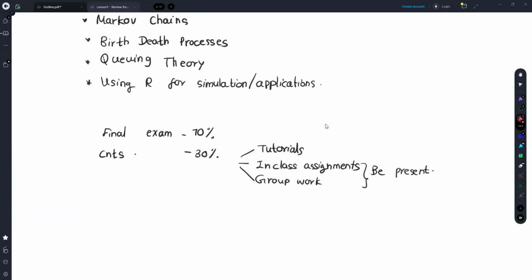Tutorials, I will give you 3 or 4, depends. Last time, since there's no way that I can get the hard copies, you submit it likewise as you do in usual other courses. After you do the tutorial, you can either scan it or take some pictures and send to me.